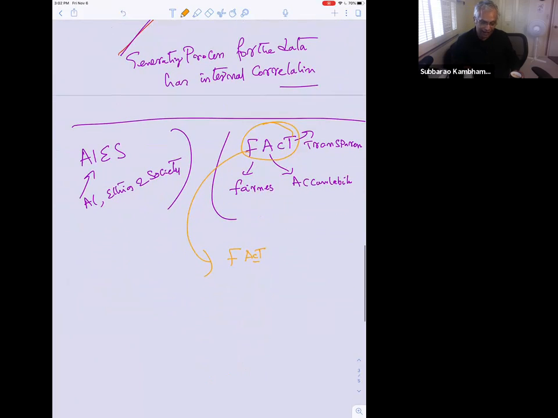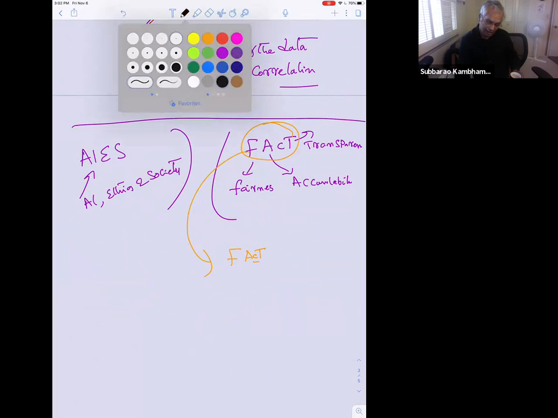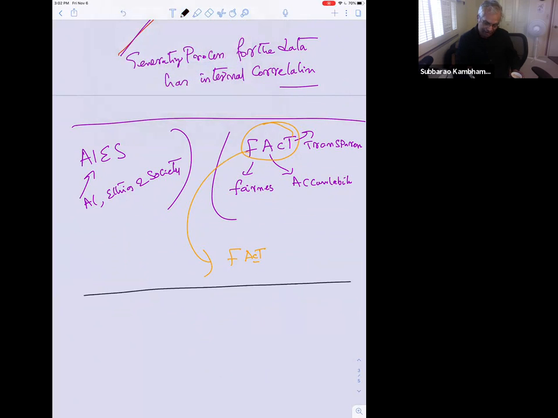And the other very interesting thing is, how many of you know this?